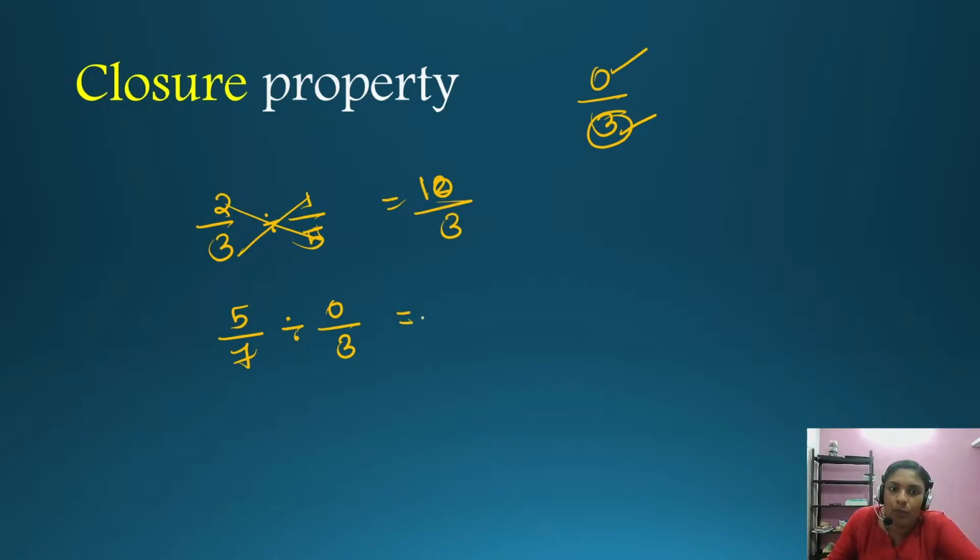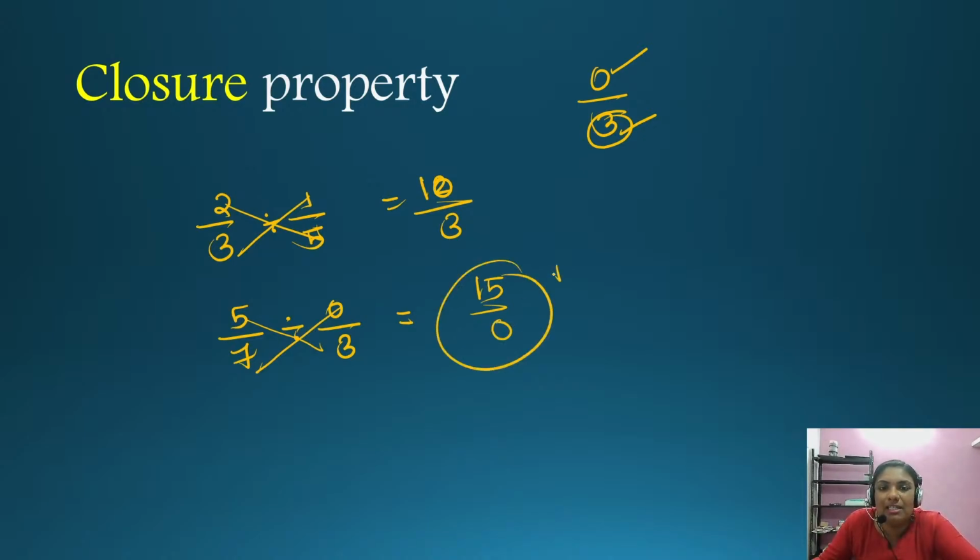Now, how will you do this? 5 times 3 is 15. Now 7 times 0 is 0. So this number is not defined, right? Here this is not a rational number. Sorry, denominator is equal to 0.